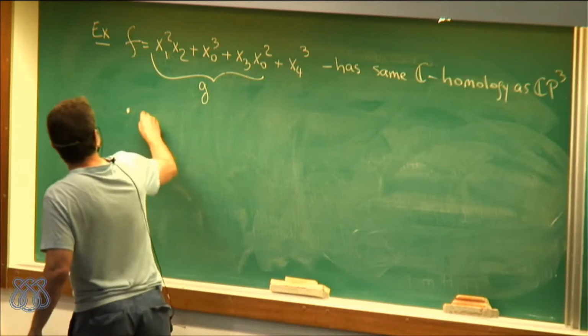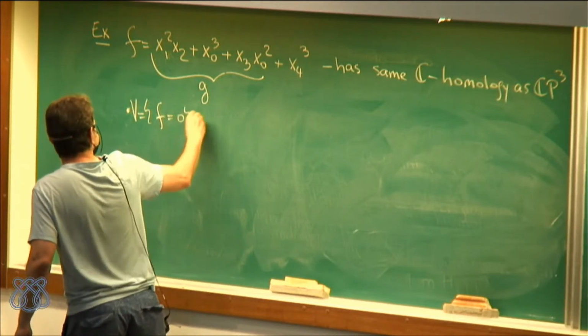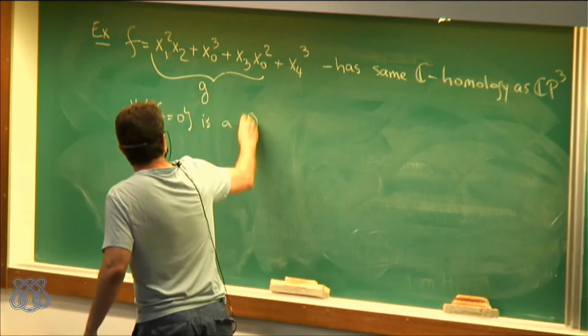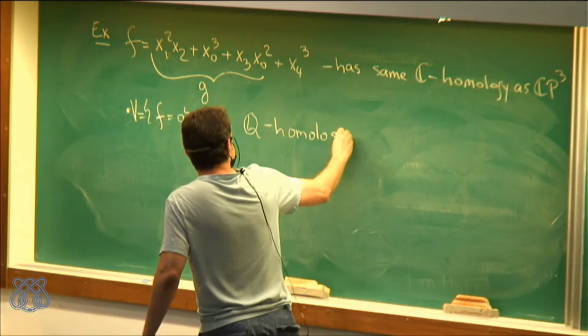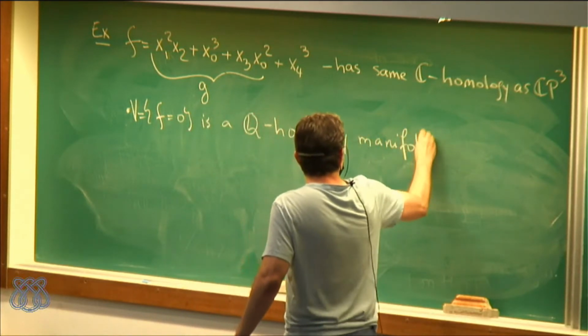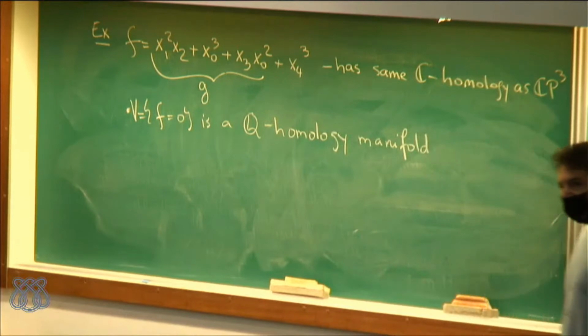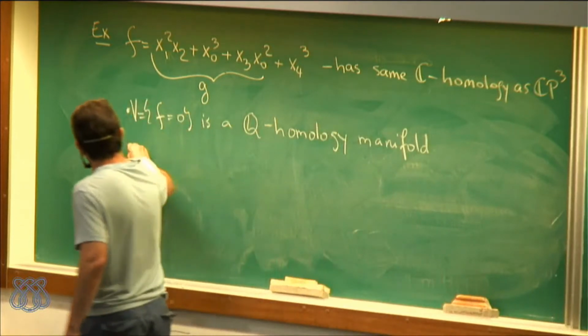In fact, this V is a Q homology manifold. So to do this, I have to discuss its Whitney stratification and local monodromies transversal to strata.